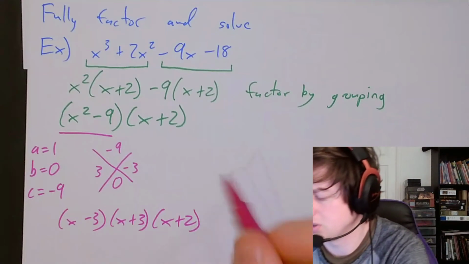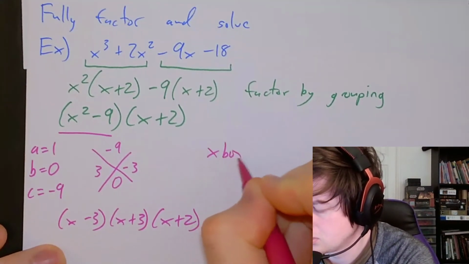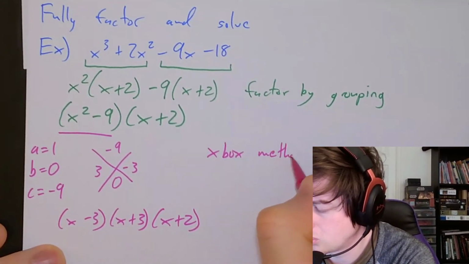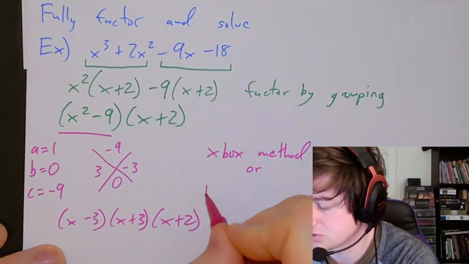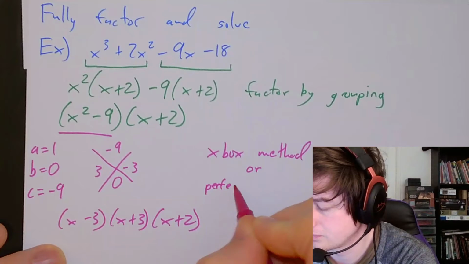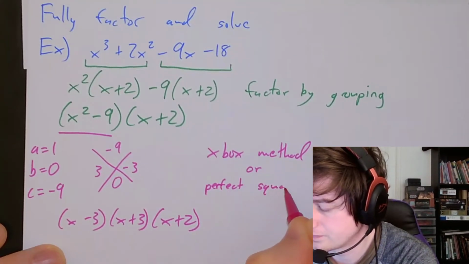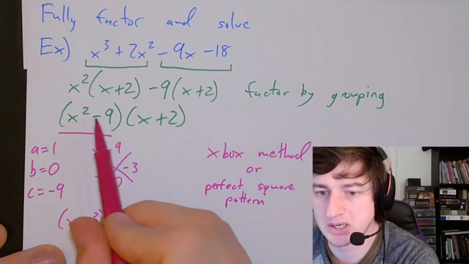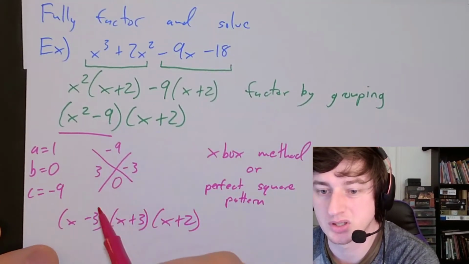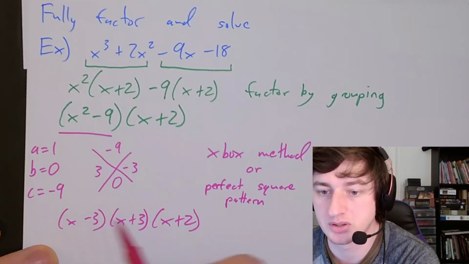Here we use the Xbox method, or it's the perfect square pattern. X squared minus a square means that we're going to get x minus 3, x plus 3.